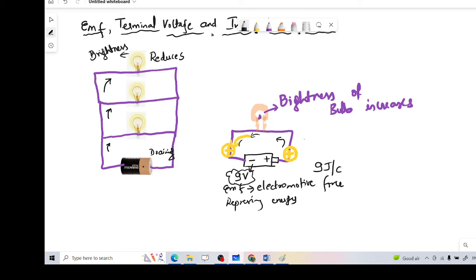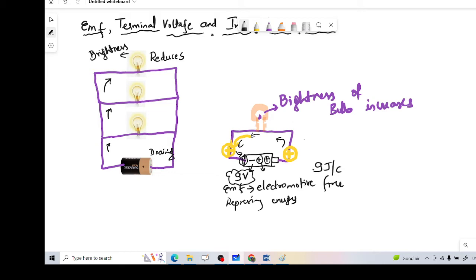So it will not experience any difficulty here. When this positive charge comes to this end, there is a positive charge and a negative charge, so there is an attraction between them. It easily pushes here and these positive charges come here. Now the real game is happening. These positive charges need to cross this positive terminal of the cell.